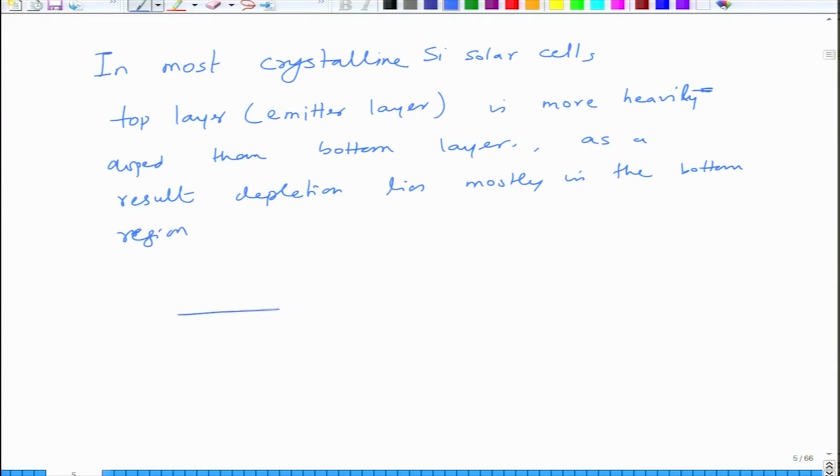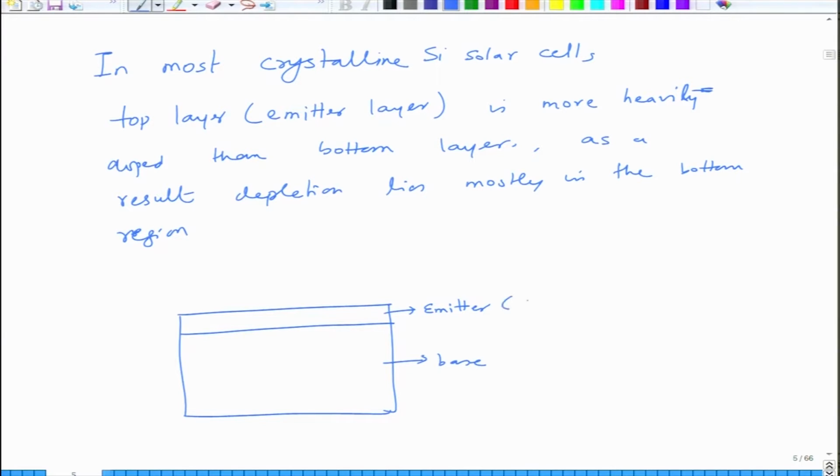So you have a solar cell like this. This is the emitter and this is the base, okay. This is heavily doped and this is lightly doped, right.